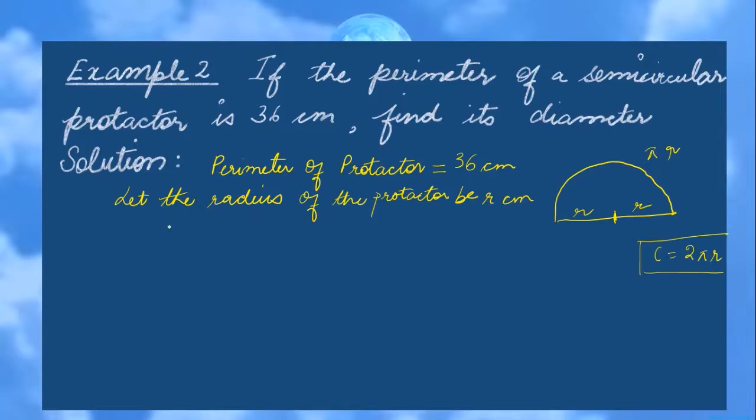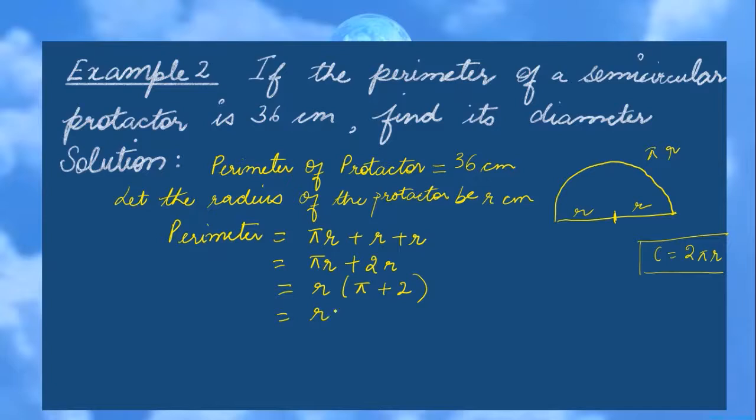So your perimeter over here will be this pi r plus r plus r. So pi r plus r plus r, so it is pi r plus 2r. Or you can say r, take common over here, pi plus 2.